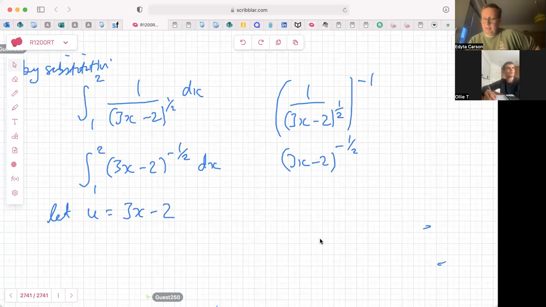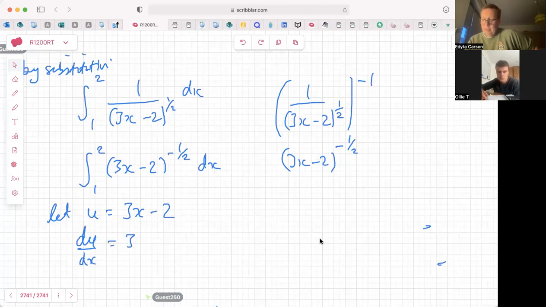So we need to find du. How are we going to find du? Du is the derivative of u. So we differentiate, and that generates a du. That gives 3.